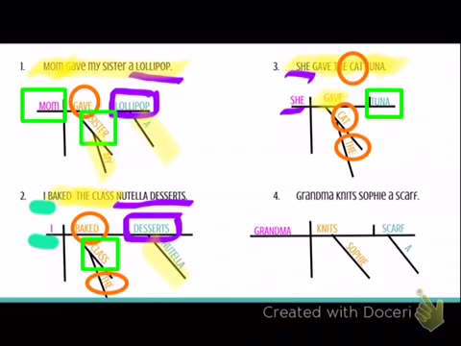Fourth, Grandma knits Sophie a scarf. What's the verb? Knits. Knits is a verb, so knits is written here. Then, who knits? Grandma. Grandma knits. What was knitted? A scarf.